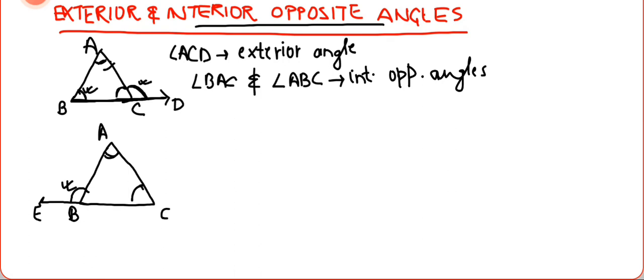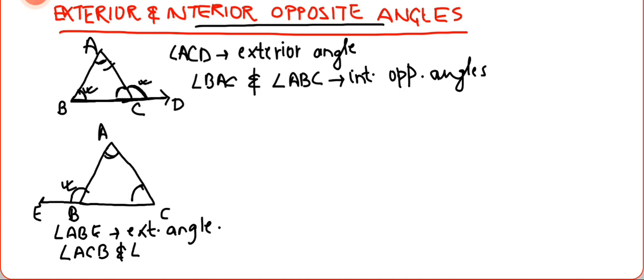Okay, here in this case, angle ABE is the exterior angle, and for this exterior angle, angle ACB and angle BAC are the interior opposite angles.